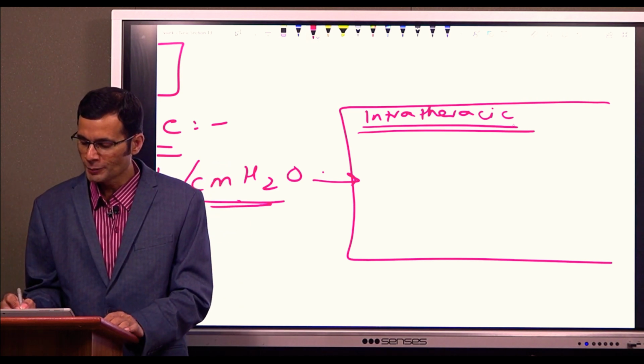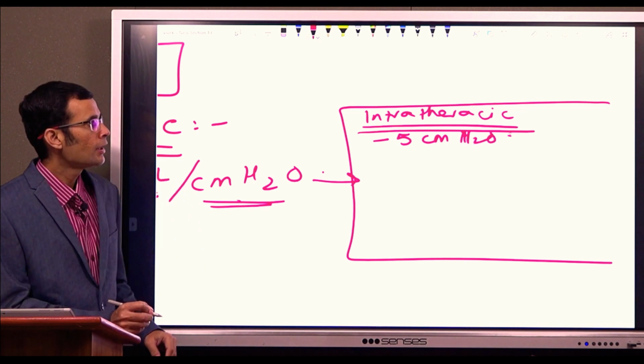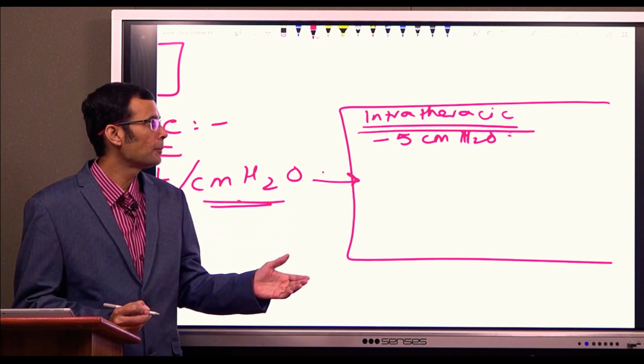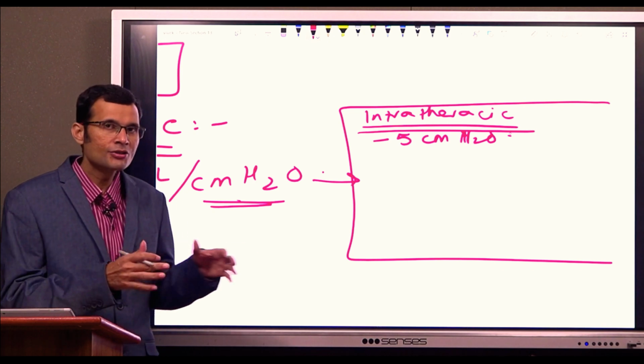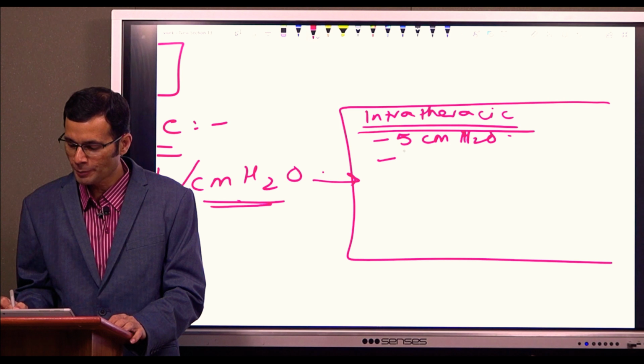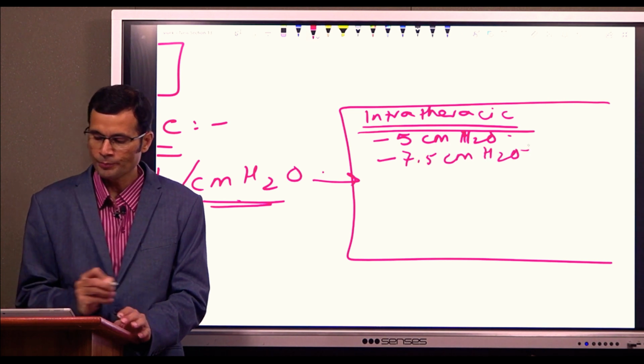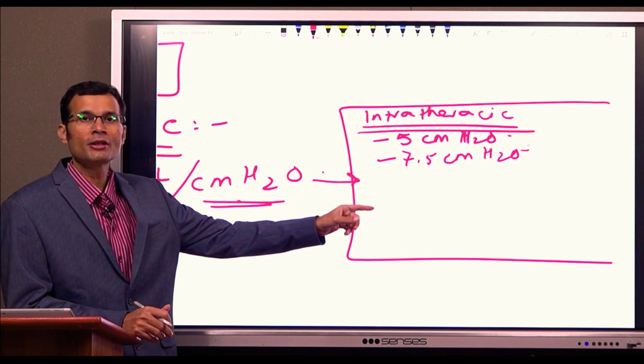At the start of inspiration, it is minus 5 centimeters of water, and by the end of inspiration, as the lungs distend, the pressure becomes more and more negative, and by the end of inspiration, it is about minus 7.5 centimeters of water. So, what do you observe here?